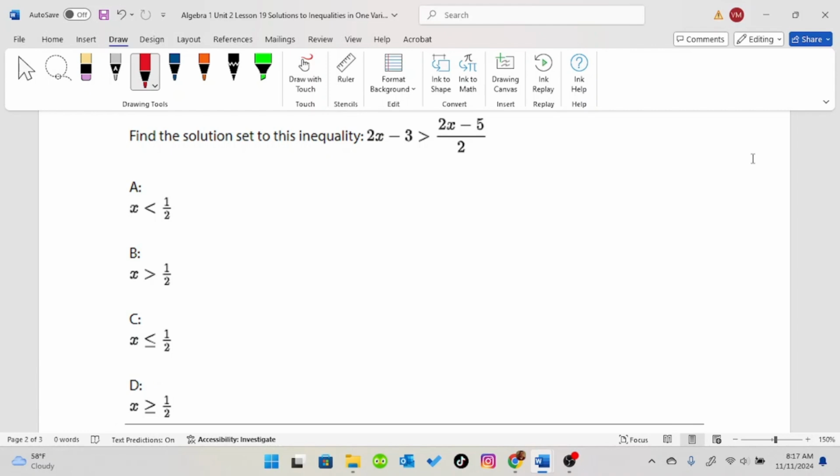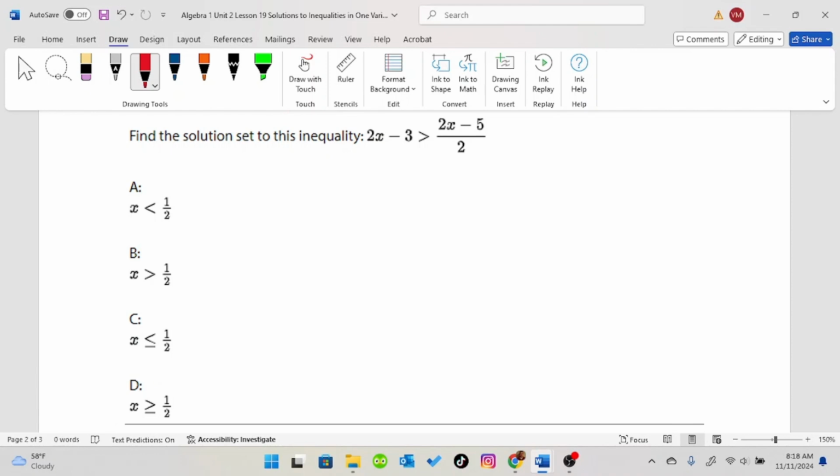We want to isolate the variable on one side and get a number value on the other side. The only difference is instead of having an equation that gives us one specific correct answer, this is going to give us an inequality, so we will have a range of correct answers.